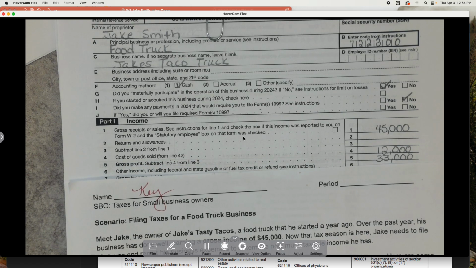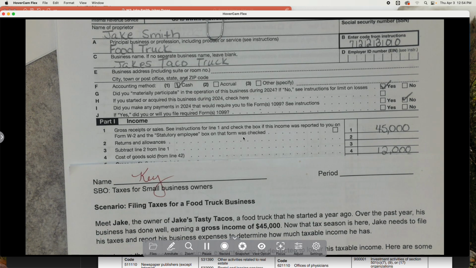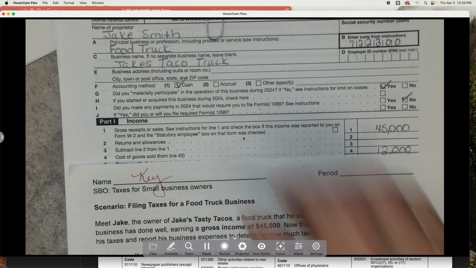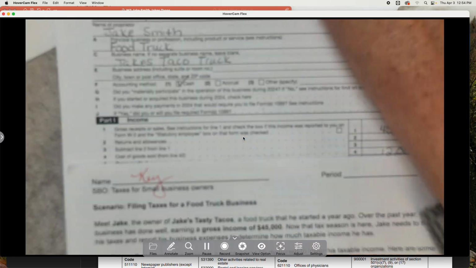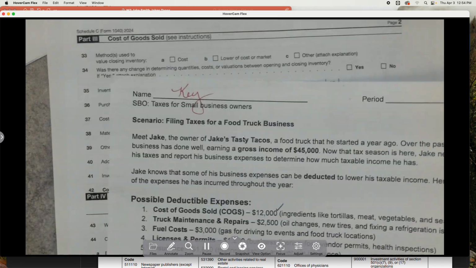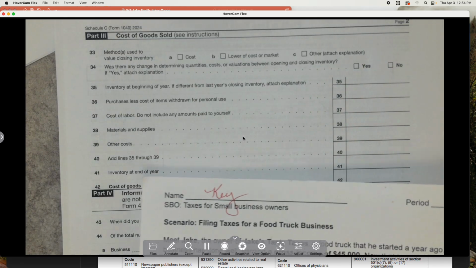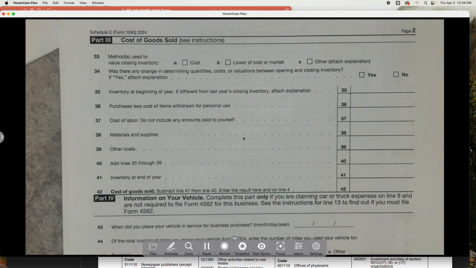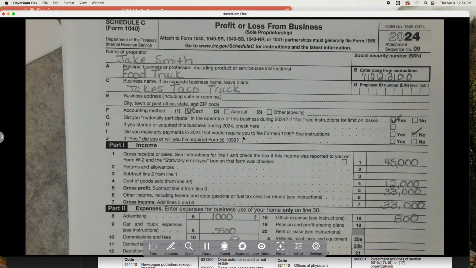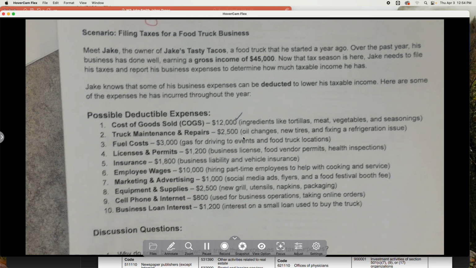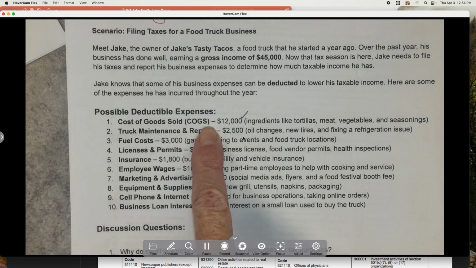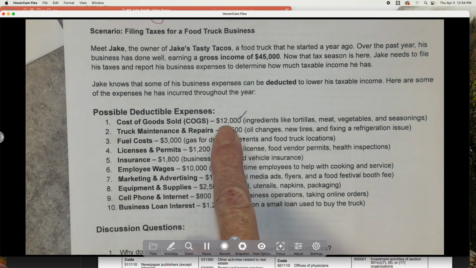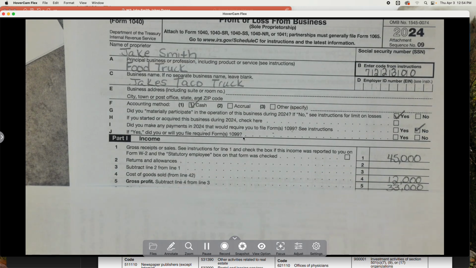Now below, we are not going to do the back part of this just to kind of save on time, but on the back portion of Schedule C, you could go through and list the different inventorying methods for the cost of labor, materials and supplies. There's a bunch of information in here, but we're just going to utilize the costs of good from our form that we did the other day, and that was $12,000.